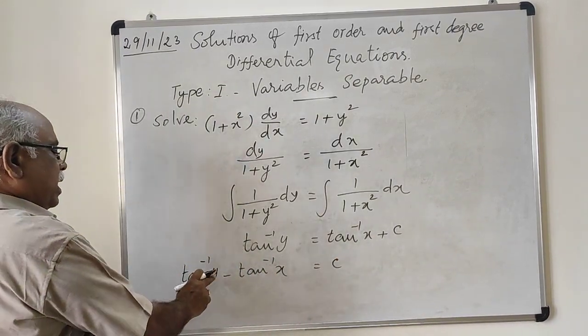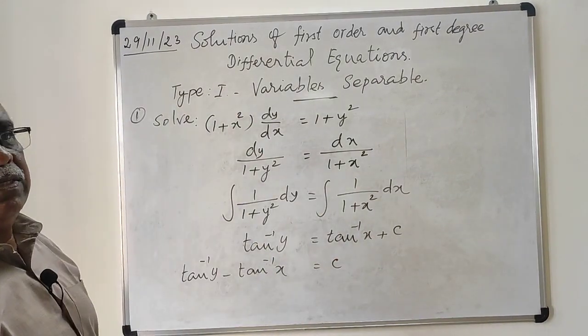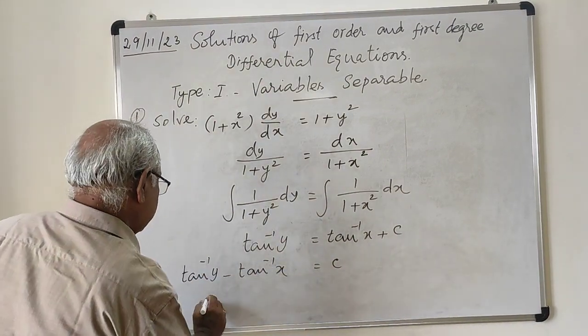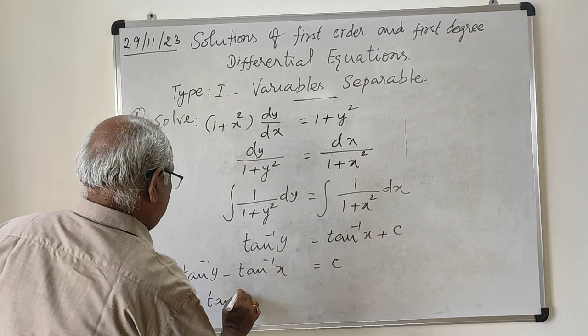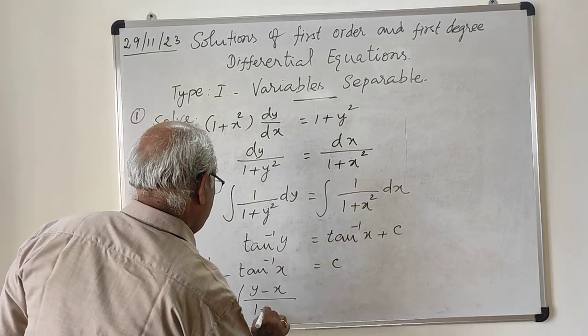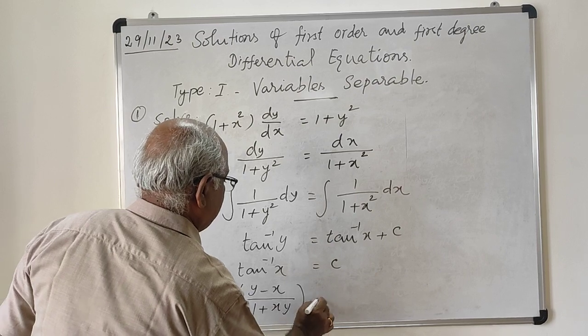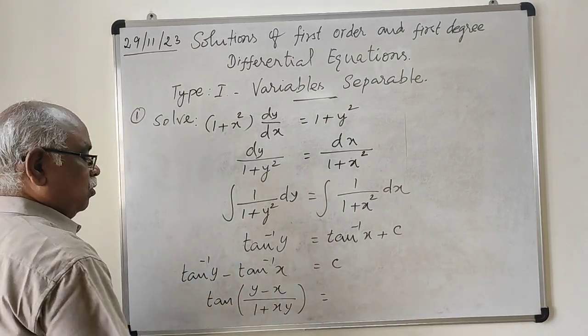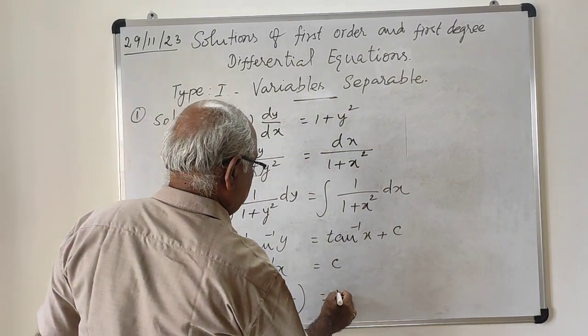You know the inverse trigonometric formula: tan inverse y minus tan inverse x is tan inverse of (y minus x) by (1 plus xy). So tan inverse of (y minus x) by (1 plus xy) equal to c.